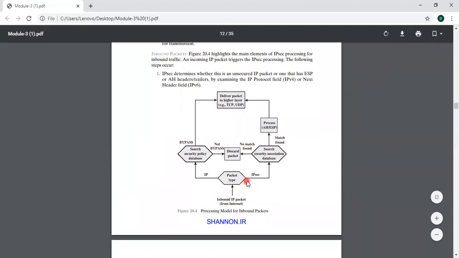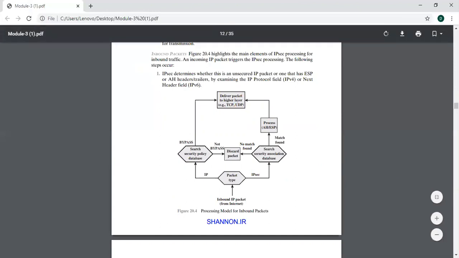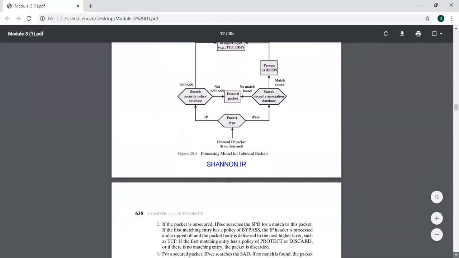If it is a secured IP packet, it is given to the security association database, where it is checked. If it is matched, it is processed and delivered to the higher layer, that is TCP or UDP. If it is not matched, that packet is discarded. So this is about IP traffic processing.